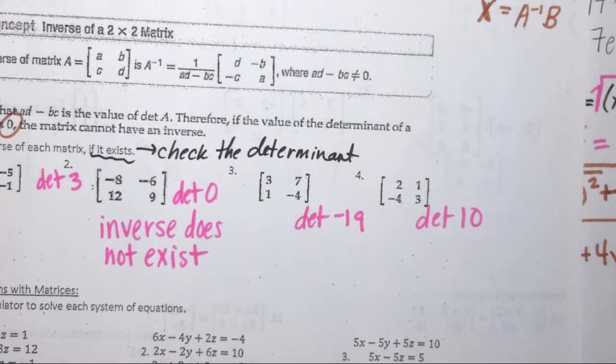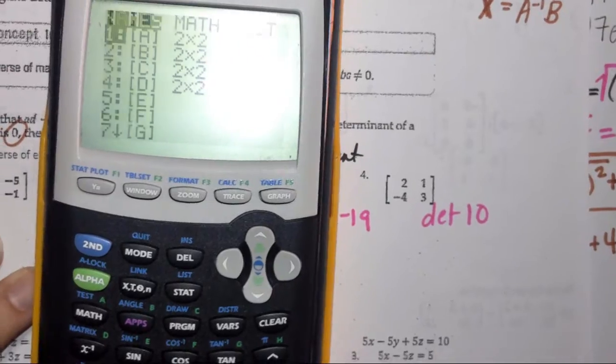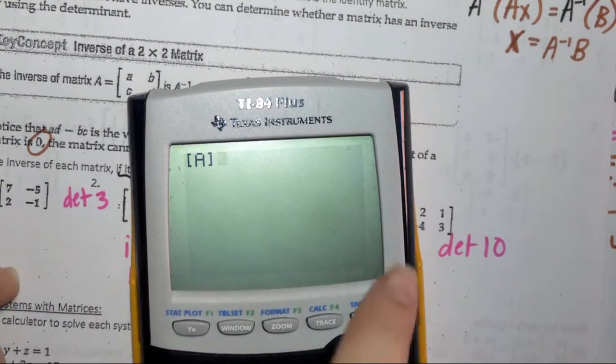Have you actually found the inverse? So no. Okay, so we want to find the inverse of A. So I'm second matrix, I'm wanting to deal with A, so I press A. And then the inverse sign is seriously on your calculator.